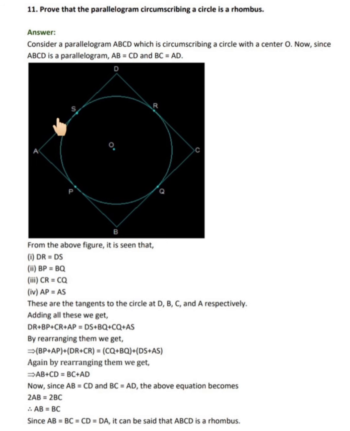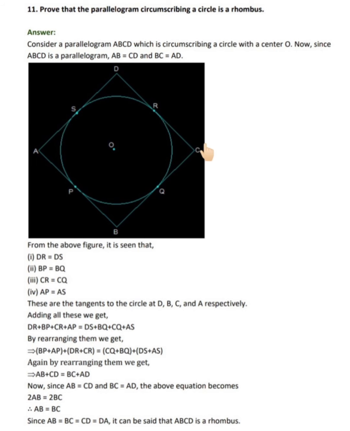So DS is equal to DR because these are the tangents from point D. Similarly, from point B, B is a vertex of the parallelogram. At the same time, B is an external point of the circle. So BQ is equal to BP. Okay, BQ is equal to BP.